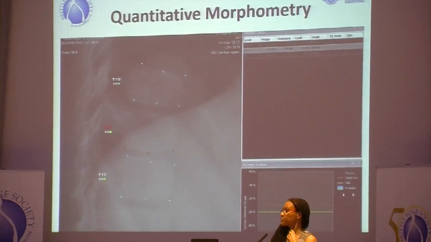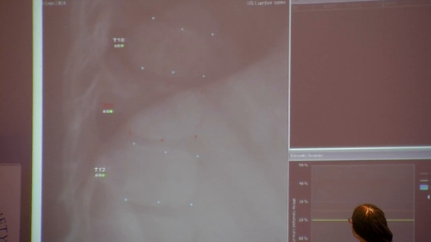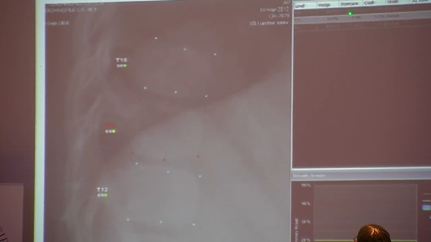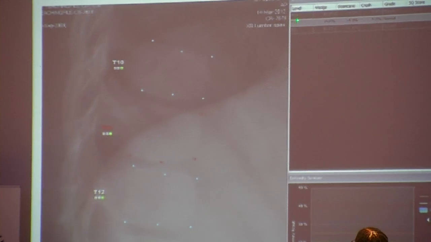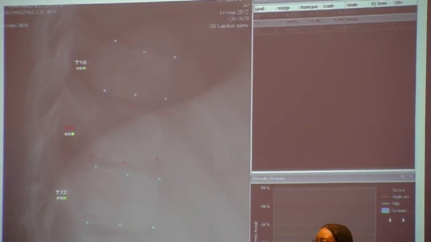Secondly, in terms of placement of points, and I'm sorry that this is very blurred, what it's saying here is the level, so that's T10, T11, T12, and then it's talking about the type of fracture, wedge, concave or crush, and the grade of the fracture. And this is T11 in red with the red dots that I'm highlighting here, and there was no fracture.